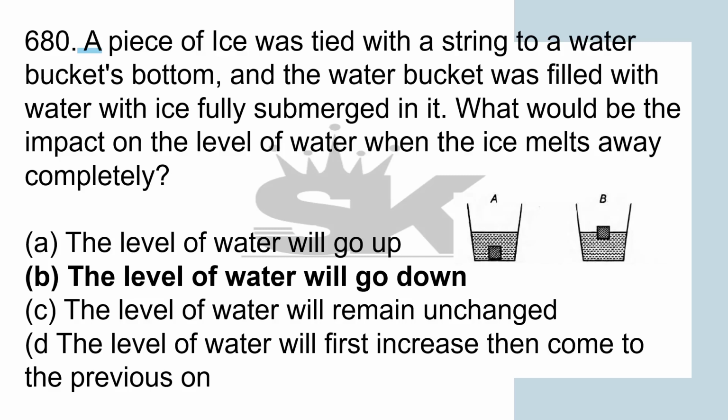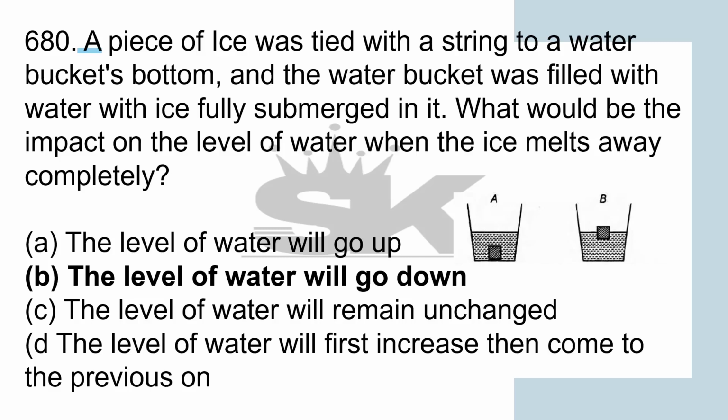There are two dimensions of this experiment. One is when ice floats in the water, and another is, as mentioned in the question, when it is fully submerged. When ice floats in water, the level of water will remain unchanged when the ice melts, because ice displaces water equal to its weight.